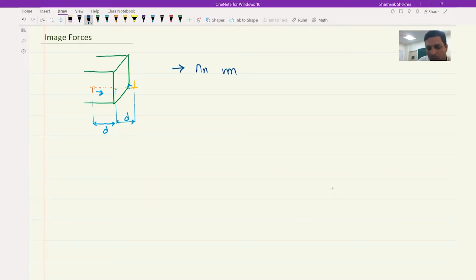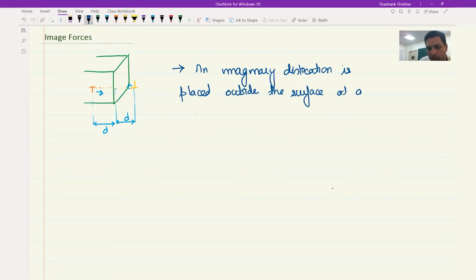An imaginary dislocation is placed outside the surface at a distance equal to that of the real dislocation. So here the distance is d, so this distance is also d.